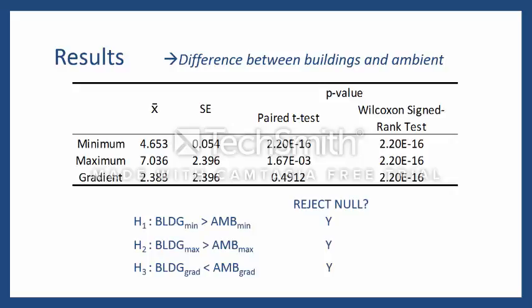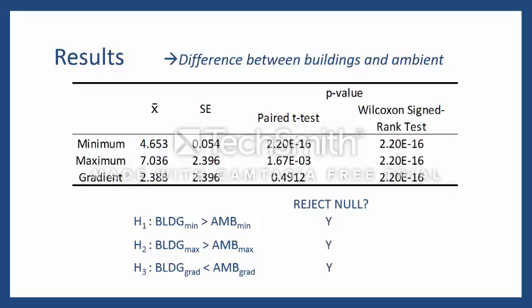But anyway, looking back to our hypotheses, these are all our alternatives, and we find that with the Wilcoxon, they're wildly significantly different. So we can accept all three of them, mainly that building temperatures, both minimum and maximum, are higher than ambient minimum and maximum.